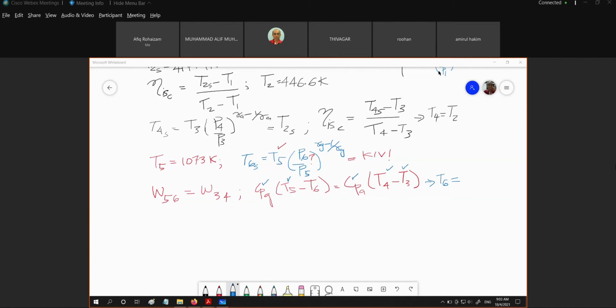What was the value of CPG? CPG and CPA. Take your CPG right here as 1.14, and the CPA take as 1.005.